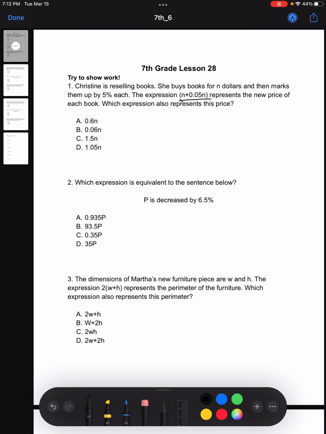Well, we're given the expression N plus 0.05N. Remember that this N actually has a coefficient of 1. So we could really rewrite this expression as 1N plus 0.05N.